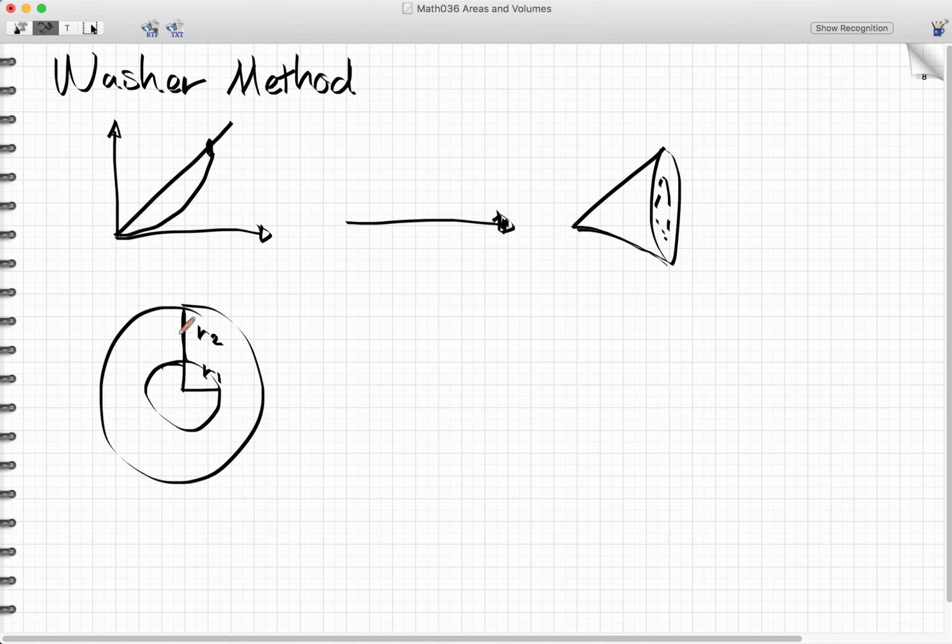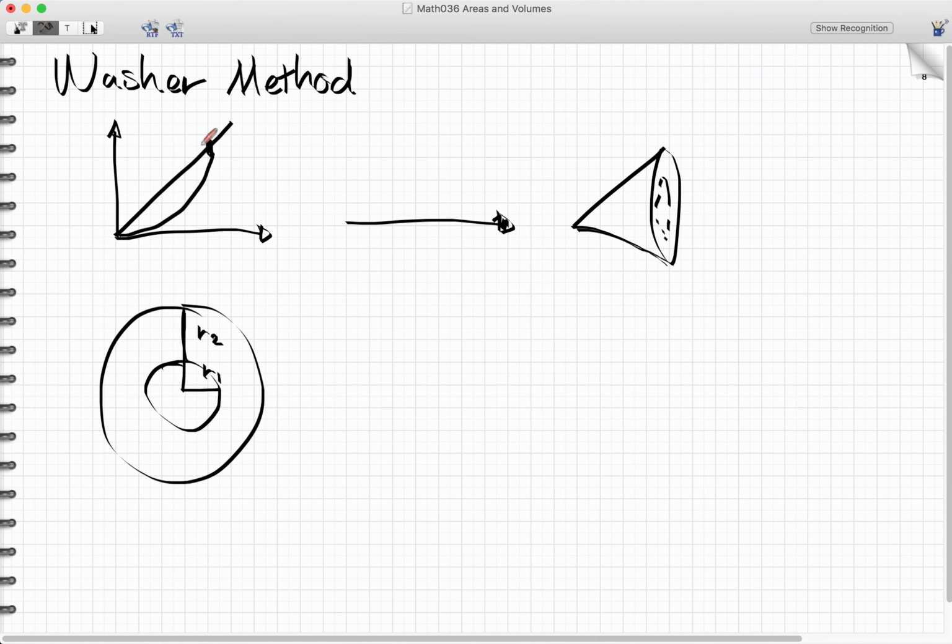The next technique we have for integrating volumes is called the washer method. So this combines the disk method and the area between two curves in a kind of way.